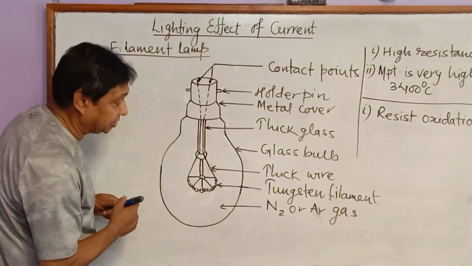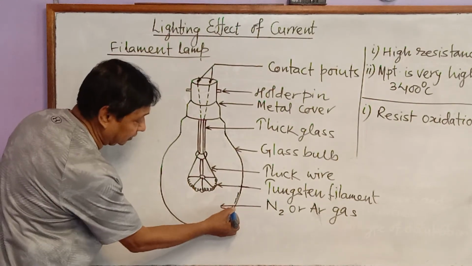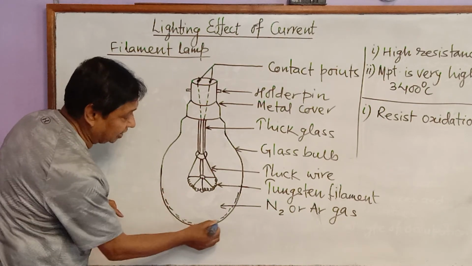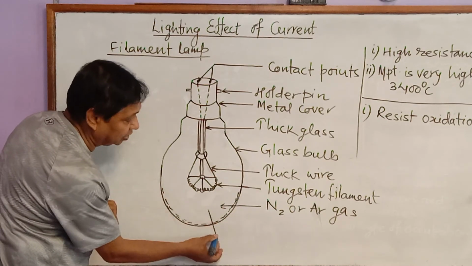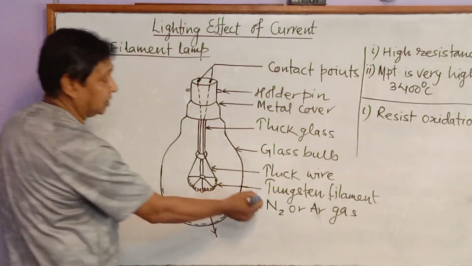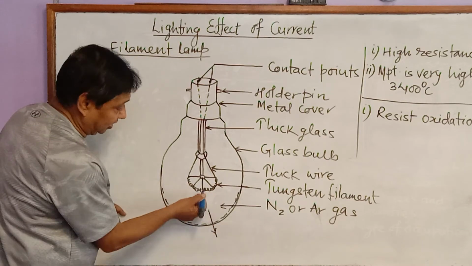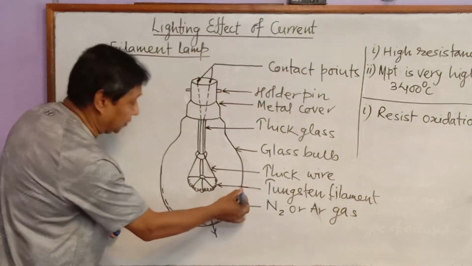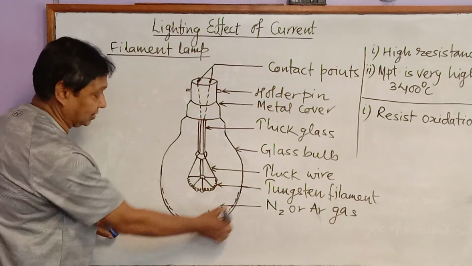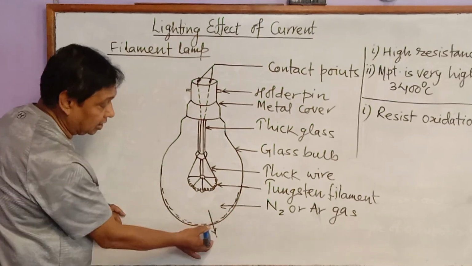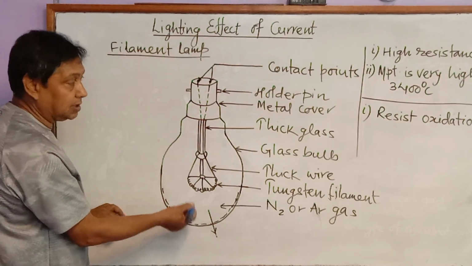It evaporates faster and faster, and then within a few days, the inner wall of this glass is blackened and it blocks light from coming out. If these gases are not filled, then the evaporation of the tungsten filament produces a blackened coat inside the bulb, on the surface of the glass, and light doesn't come out.